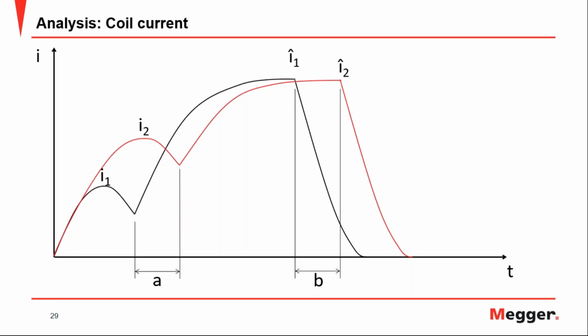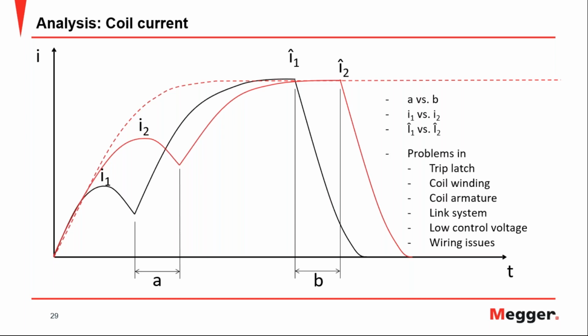And comparing those times, or you could have no armature movement, and it goes directly into a short circuit. So comparing or analyzing all of these points will give you the ability to detect problems in the trip latch system or the linkage system of that trip latch.